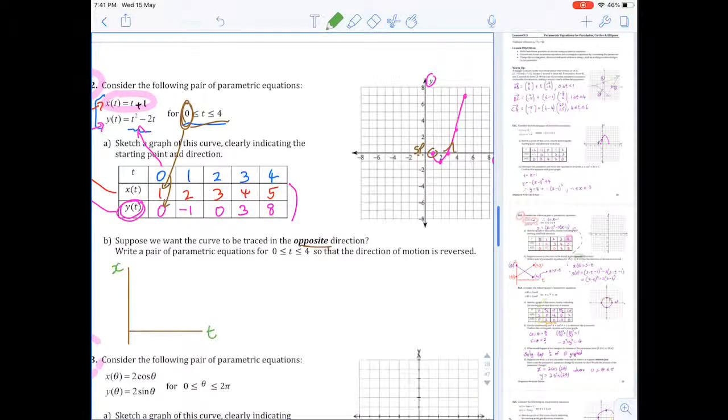This is the relationship between x and time, because with x and y we don't have direction, we don't have that layer of time. So opposite direction has to do with modifying time's relationship with x, or y is possible as well.